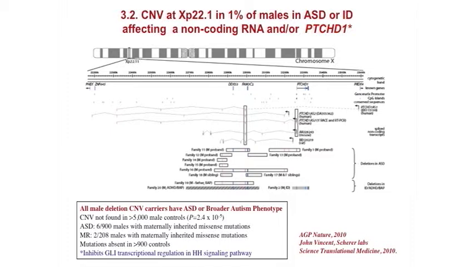So when we looked for other things, we found a cluster of CNVs, deletions that skipped upstream, in some cases up to 600 or 700 kilobases away from the protein-coding gene. We found these in males, and they were always, at least initially, inherited from the mom.